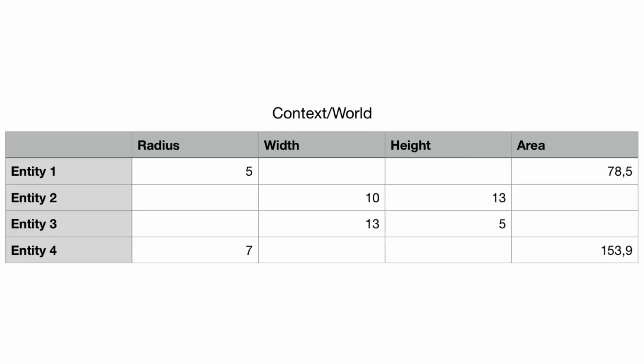So I'm going through the entities, and if I see a radius, I will compute the area and set it. Entity 4 has a radius as well, and I will set it.